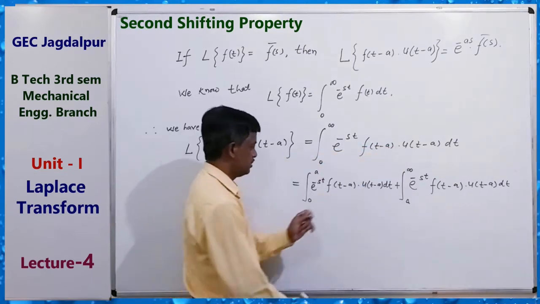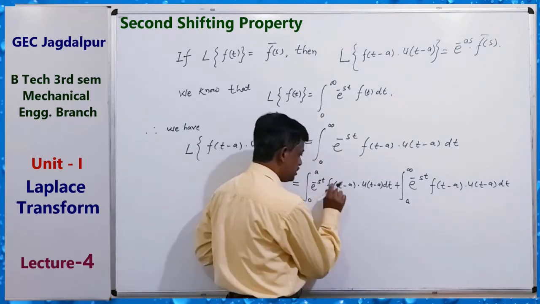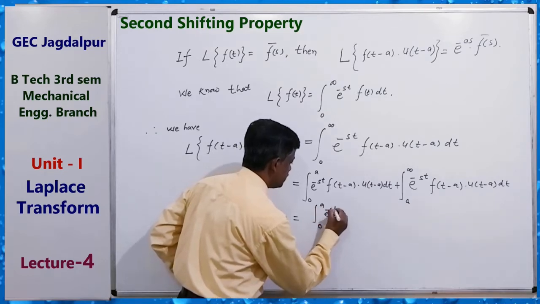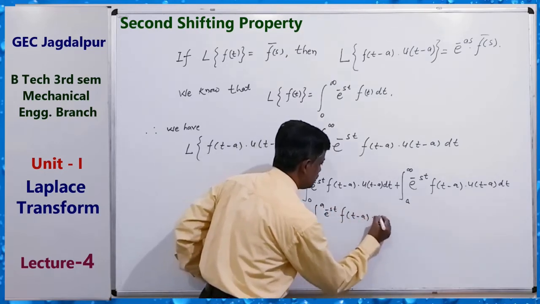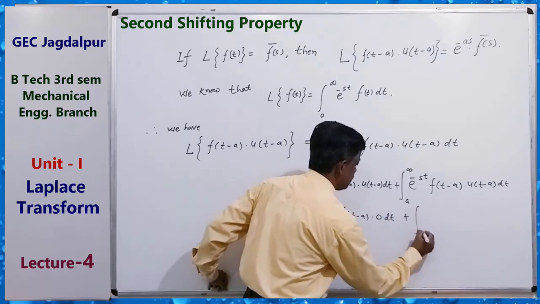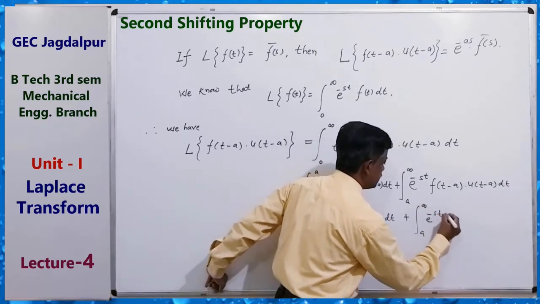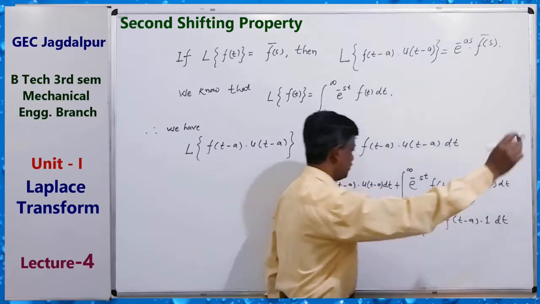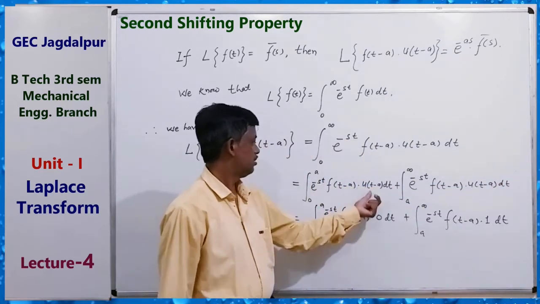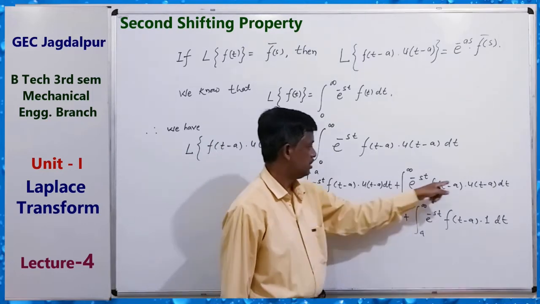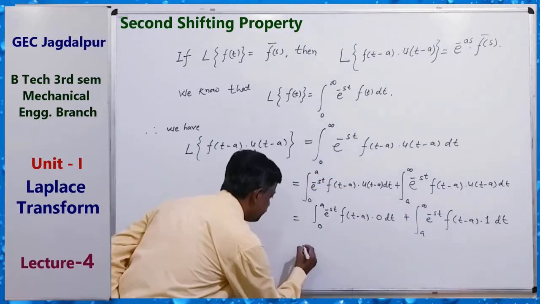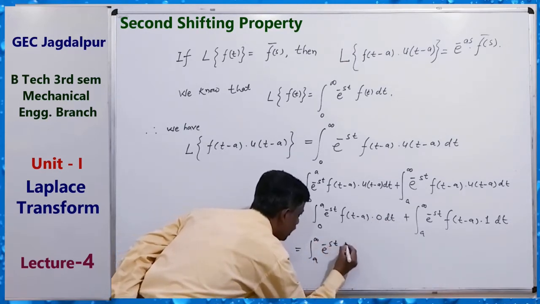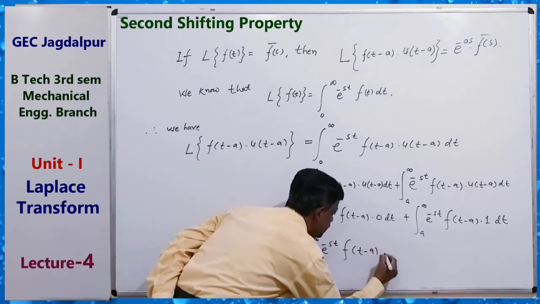In these two parts, for the unit step function, in the first part it is equal to 0. So 0 to a, e to the power minus st f(t-a) into 0 dt, plus a to infinity e to the power minus st f(t-a) into 1 dt. The unit step function in this interval, by definition, is 0 in the first and 1 in the second. So we get the integral from a to infinity of e to the power minus st f(t-a) dt.